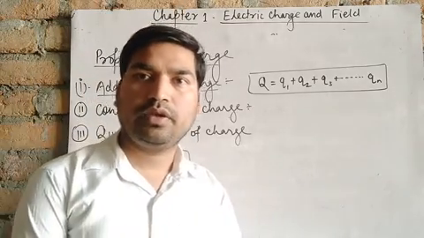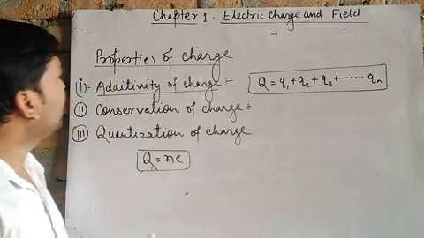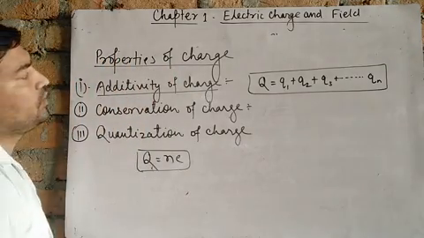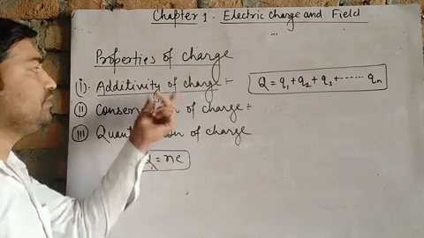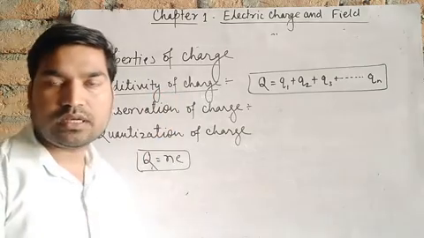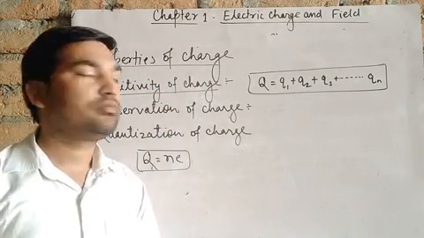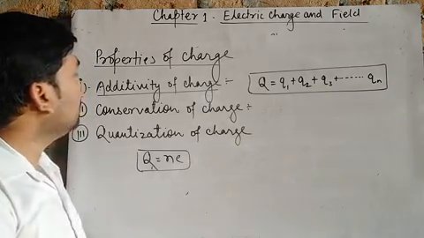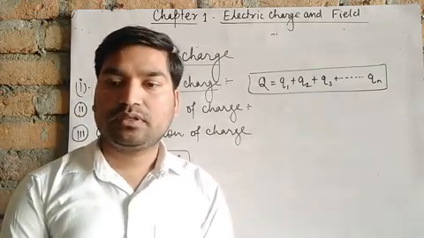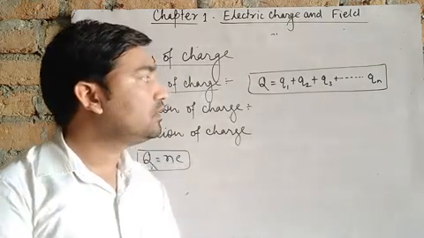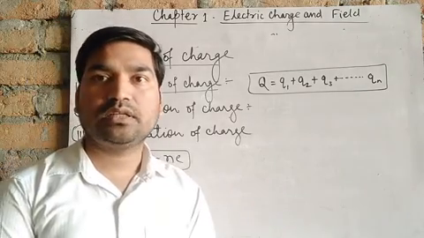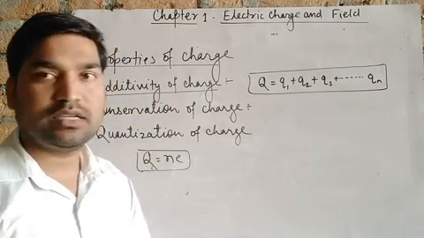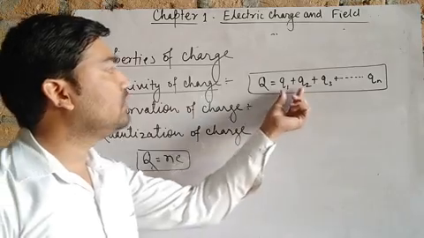Now we will study the properties of charge. The first property is additivity of charge. Since charge is a scalar quantity, if a number of charges are present on a body, then the net charge is the algebraic sum of the individual charges.